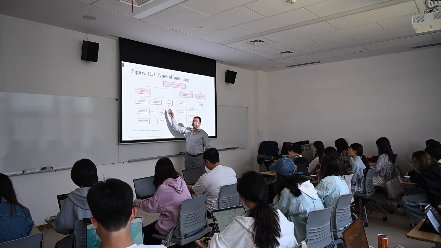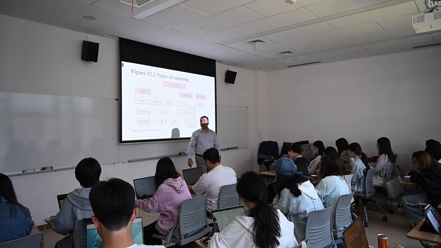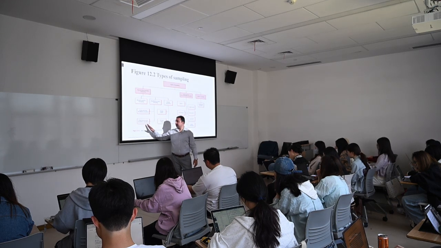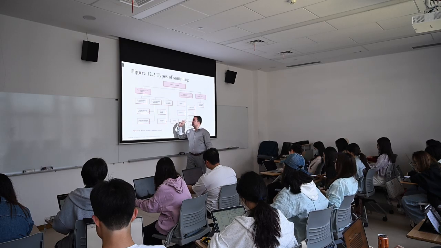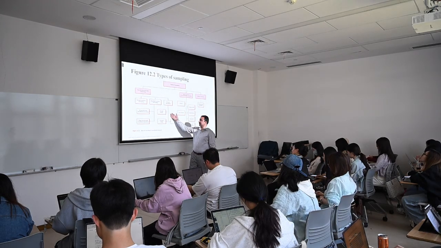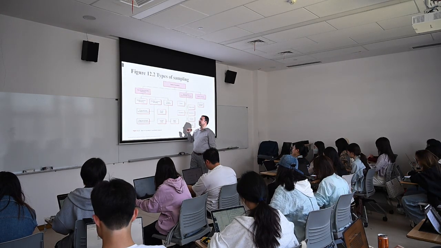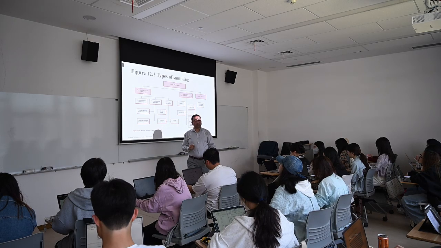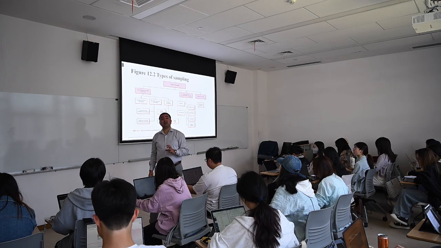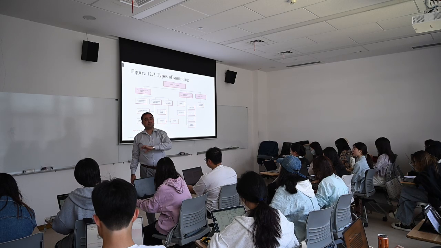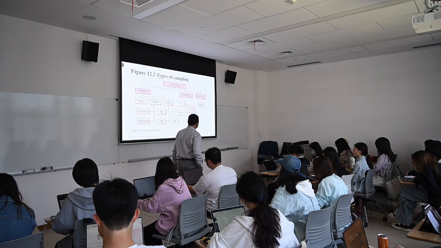Then we have stratified. In stratified, we have two: proportionate and disproportionate stratified sampling. Then we have cluster. In cluster, we have single stage, double stage, and multi-stage, different stages. If you want to collect data in different stages of a process, of an event, of a situation.